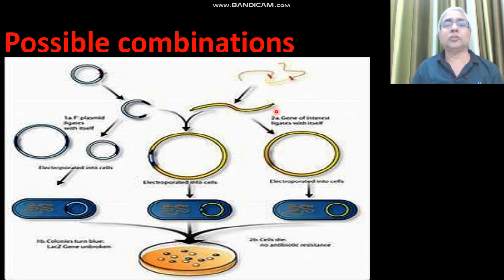Then there is also a chance that the gene of interest DNA segment gets its two ends joined and forms another plasmid-like circular DNA structure and gets introduced into the host cell. Now both these host cells which have been introduced with such types of DNA, without foreign DNA inserted into the vector, are useless for recombinant DNA technology.